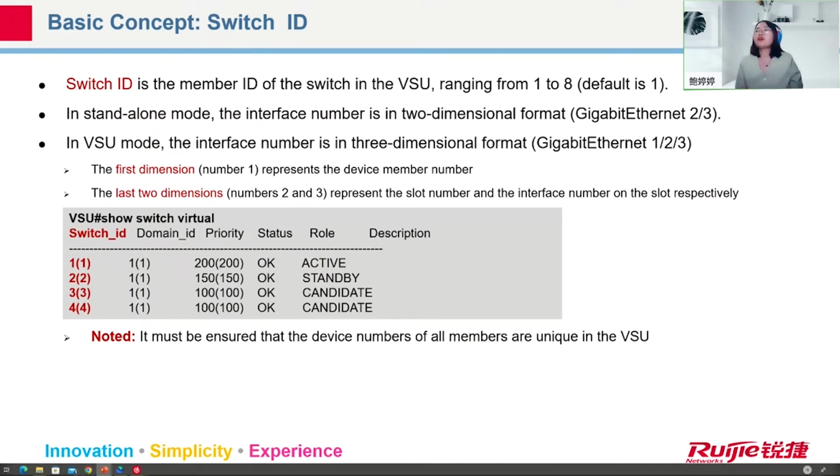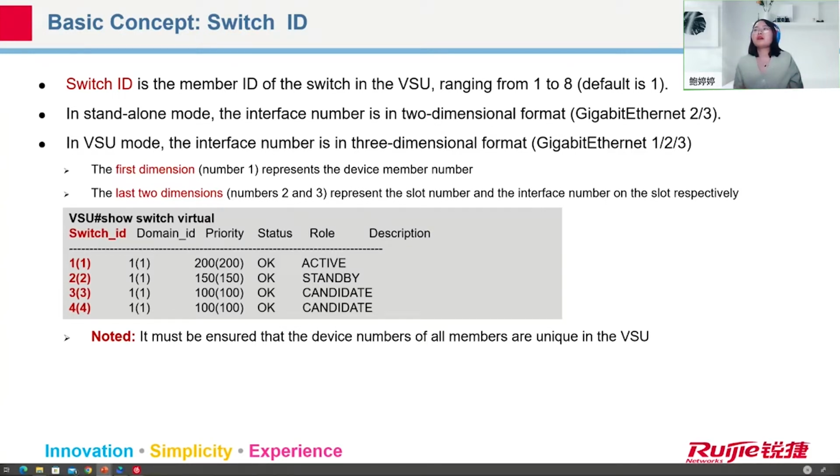When we do the configuration, in some scenarios we have to care about these parameters. The first one is the switch ID. The switch ID is the main ID of the switch in the VSU, and the range is from 1 to 8. This is the member ID, and the range also limits the maximum number of members in the VSU. By default, the number is 1. In standalone mode, we only have a two-part interface format.